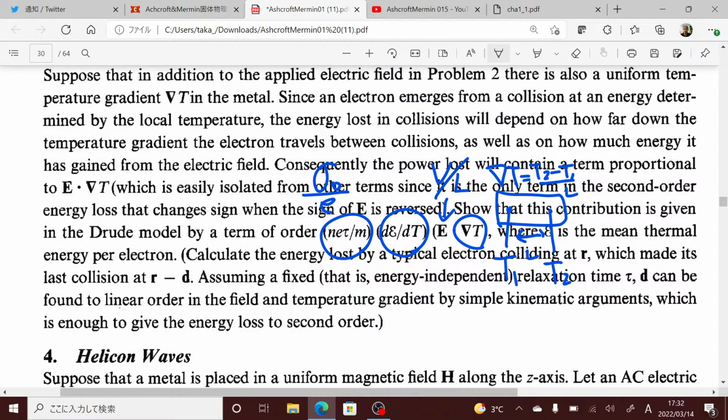So that this contribution is given by the Drude model by a term of order something, where epsilon-bar is the mean thermal energy per electron.